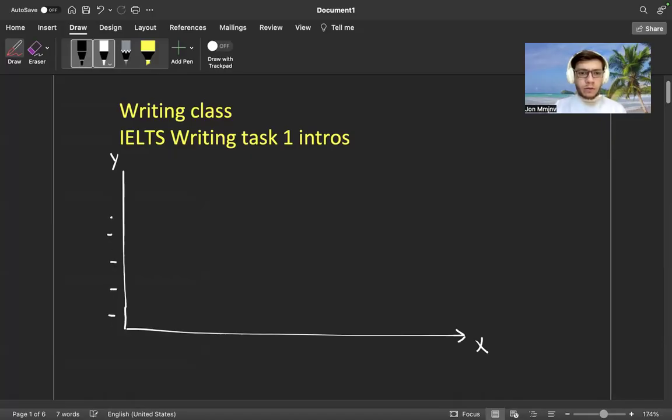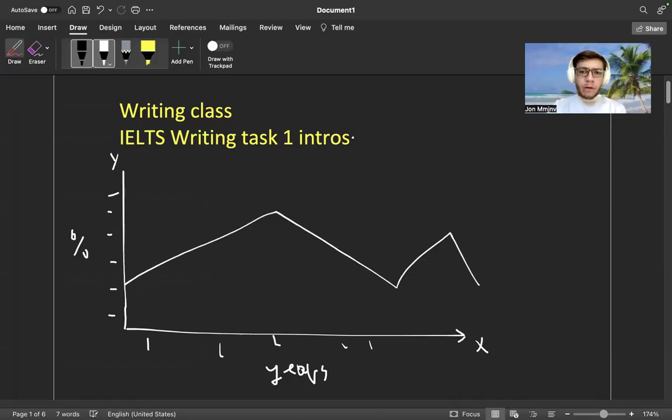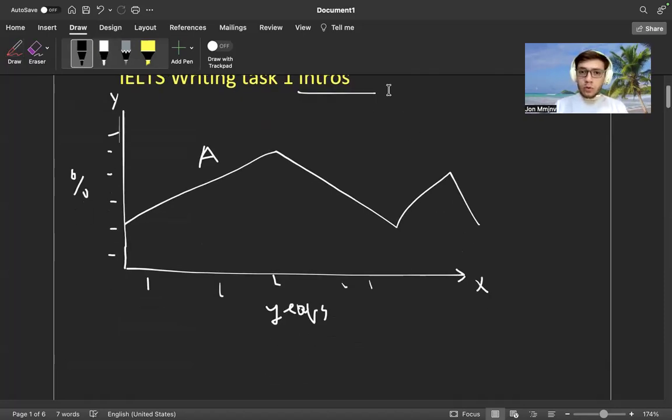For example, the most common ones are percentages, and here you're going to see years, and that's basically it. There is not much else to say. For the intro, all I need to say is what's happening here. So in this chart, I can see a certain A increasing or fluctuating. That's all I write.